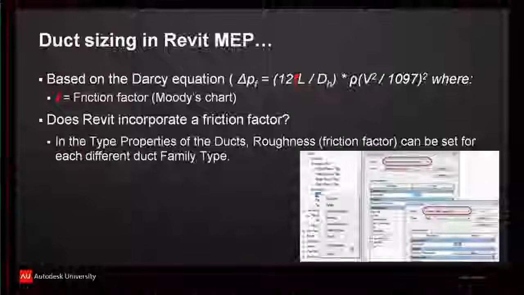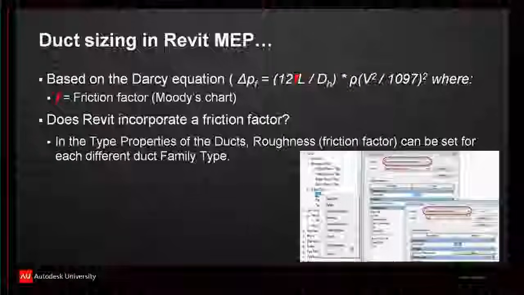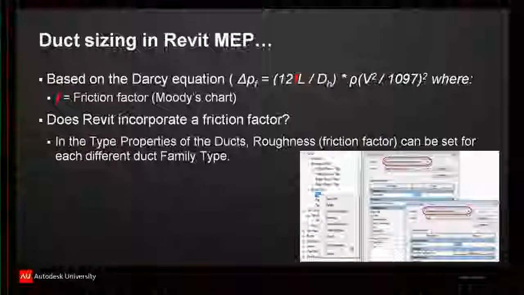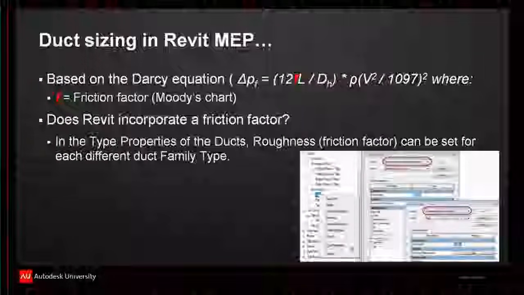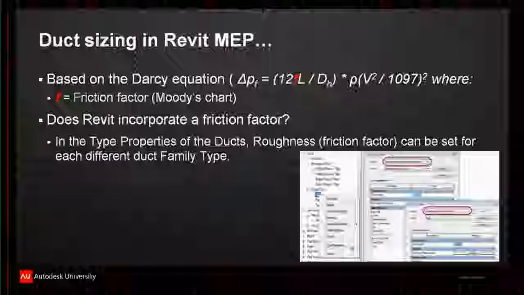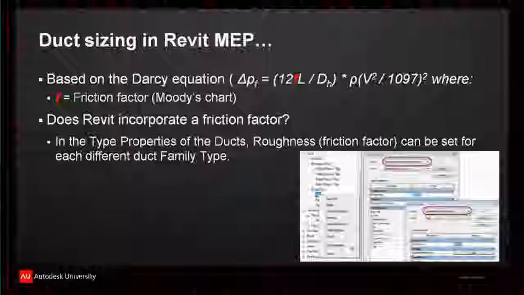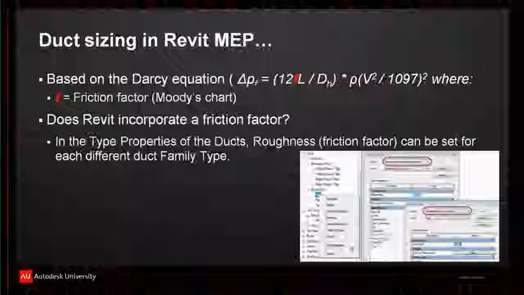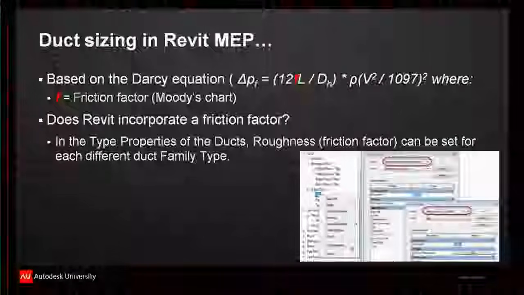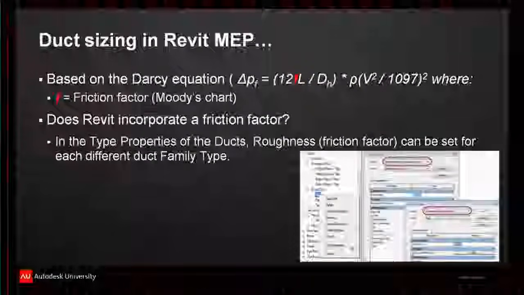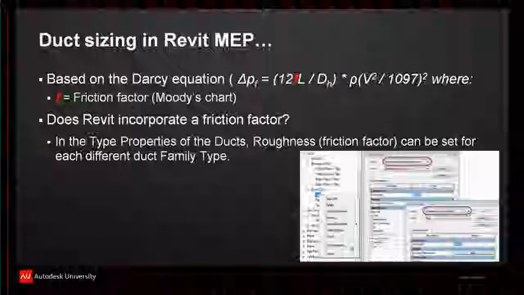Okay, so let's take a look at that. We're going to focus on this equation. What is F in the equation? F is the friction factor. It's based on Moody's chart. F is basically the roughness of an object. So does Revit MEP incorporate the roughness of an object? Yes, it does.